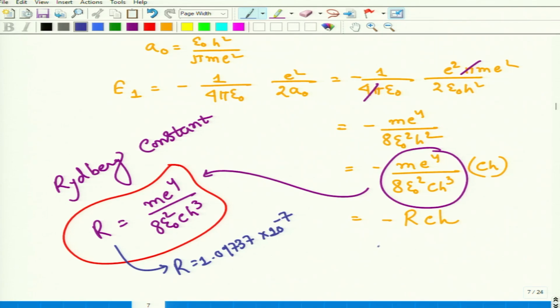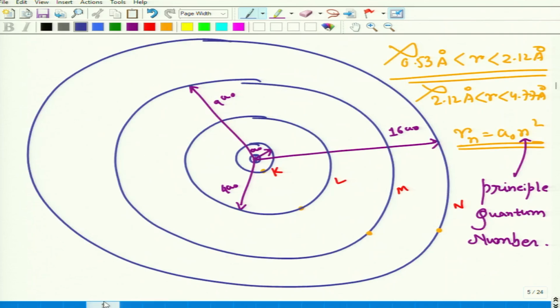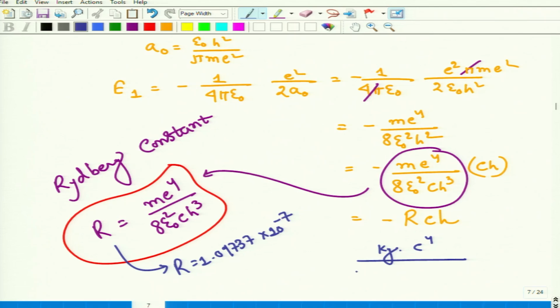M is mass, that should be in kg. E is charge of electron, coulomb to the power 4. Epsilon naught, what was the unit of epsilon naught? Yes, that is coulomb square Newton inverse meter to the power minus 2, whole square. Then c is speed of light, meter second inverse, and h cube, so joule cube second cube.